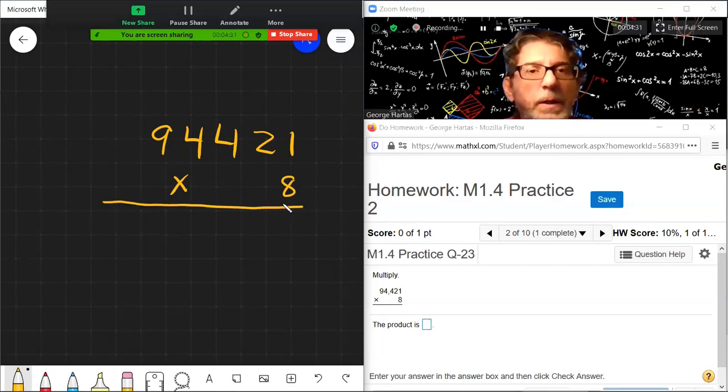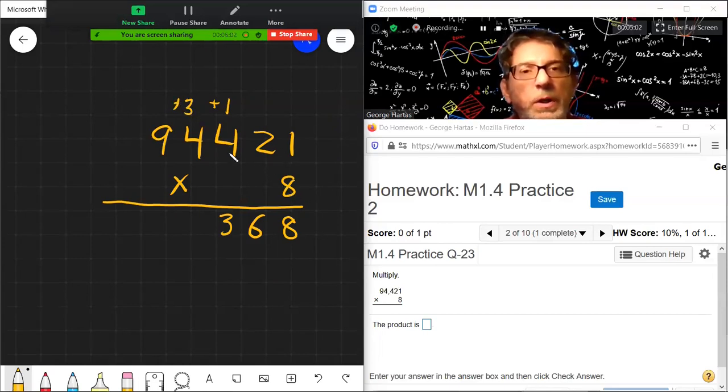All right. 1 times 8 is 8. 2 times 8 or 8 times 2, it's the same thing, right? 2 times 8, the same as 8 times 2. 16, right-hand digit, left-hand digit. 8 times 4 is 32, plus 1 is 33. Right-hand digit, left-hand digit.